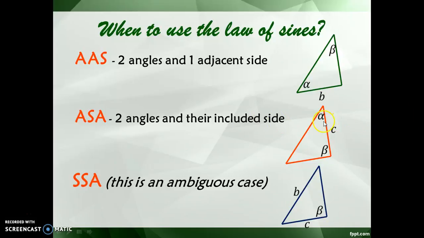These are the two angles, alpha and beta, and we have the included side. And also, we can use the law of sines if we have the side-side-angle case, meaning given two sides and one angle, just like this.